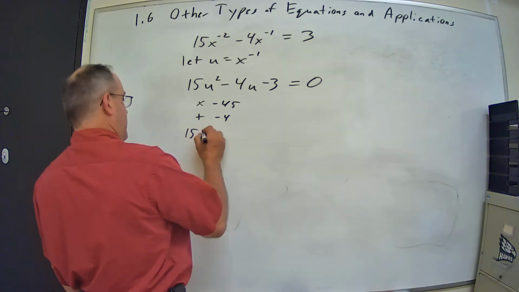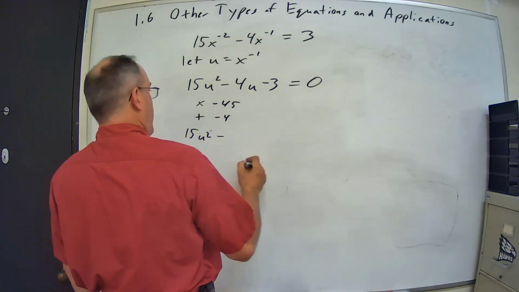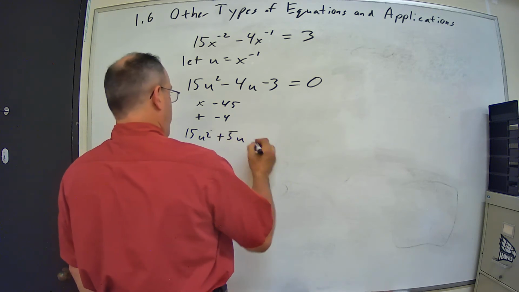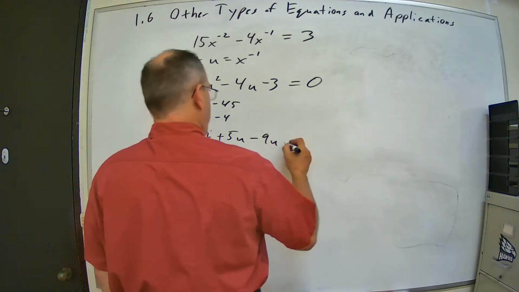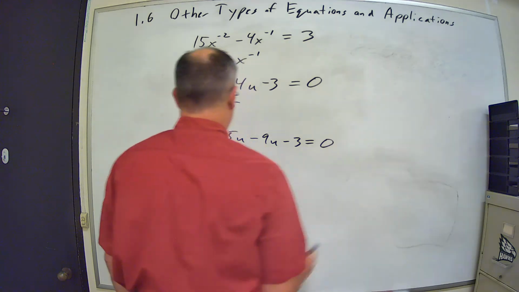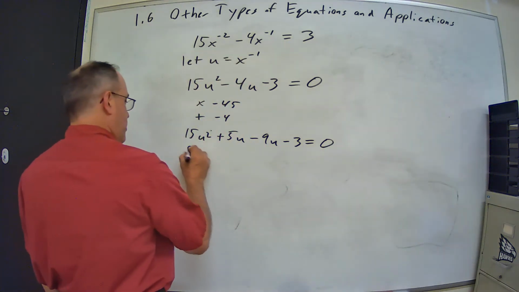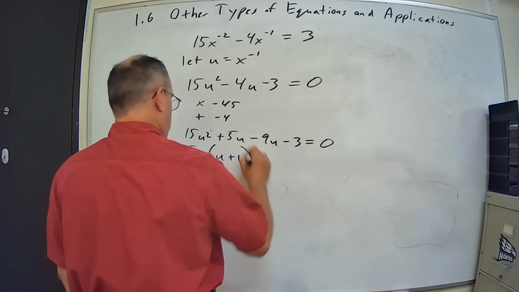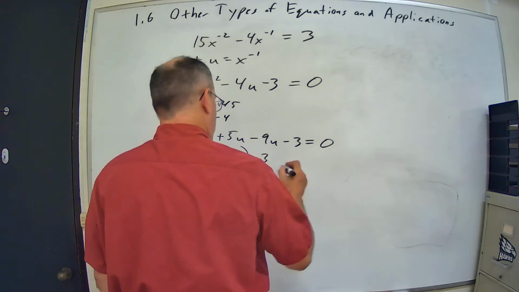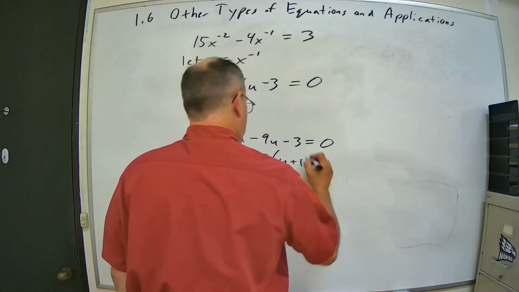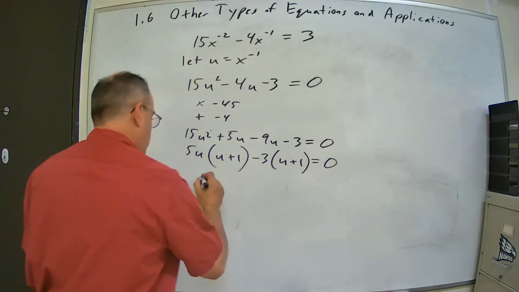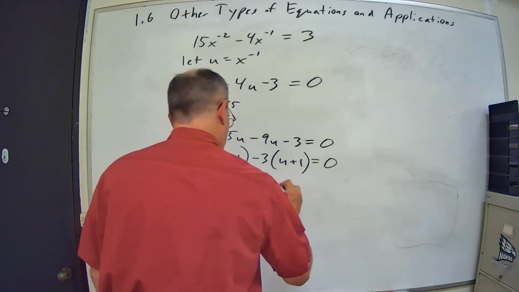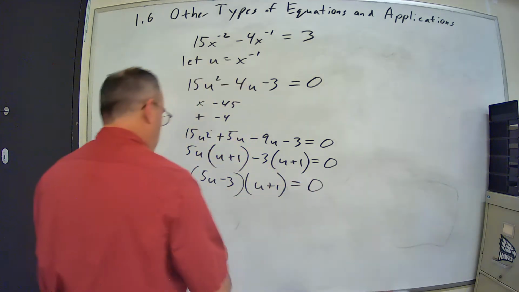So we have 15u squared plus 5u minus 9u minus 3 equal to 0. So 5u times u plus 1 minus 3 times u plus 1 equal to 0. So 5u minus 3 times u plus 1 equal to 0.